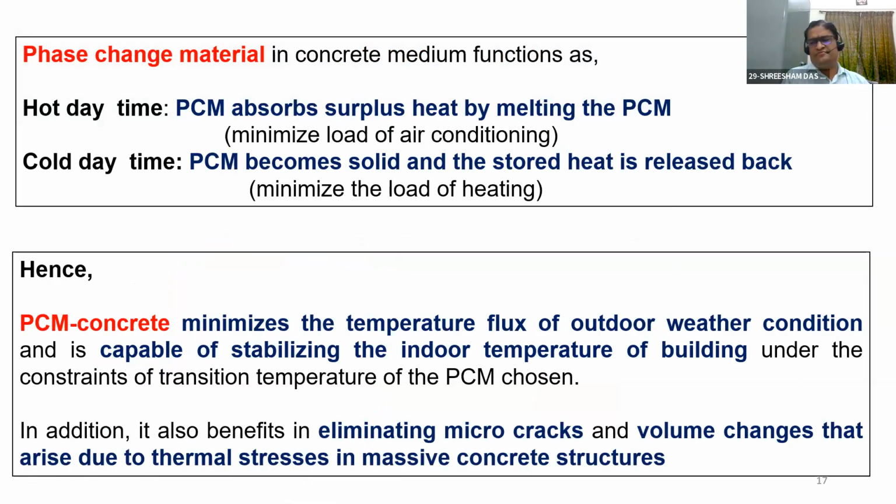The principle is that a liquid takes a lot of time to get heated. The moment the PCM absorbs the heat, it converts into liquid form, and thereby it will not allow the heat inside the building. It absorbs all the heating load, and that is how your air conditioning load is minimized.